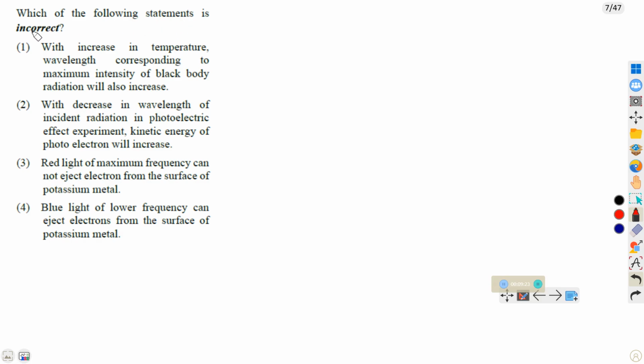Which of the following statements is incorrect? With increase in temperature, wavelength corresponding to maximum intensity of blackbody radiation will also increase. Wrong. This statement is the incorrect one. Why?